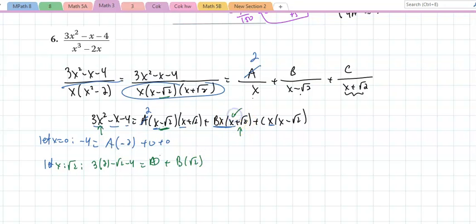A radical 2 plus radical 2 is 2 radical 2. A radical 2 there will make that a 0. So that would be 6 minus 4 is 2 minus radical 2 equaling, and if you multiply those, isn't that b times 2? Radical 2 times radical 2 is 2 times 2 is a 4. So b is 2 minus radical 2 over 4.